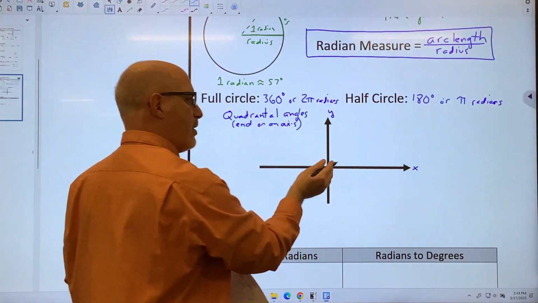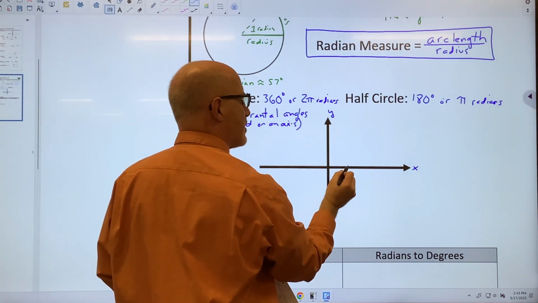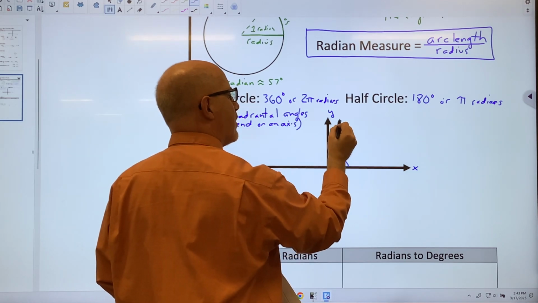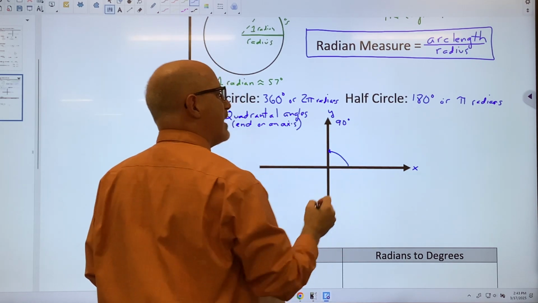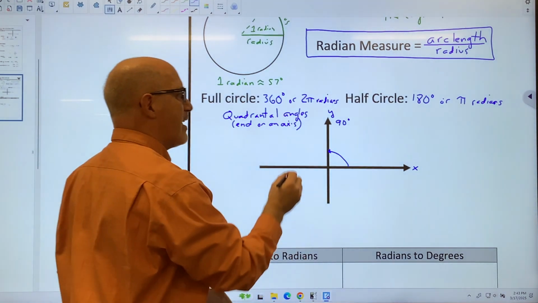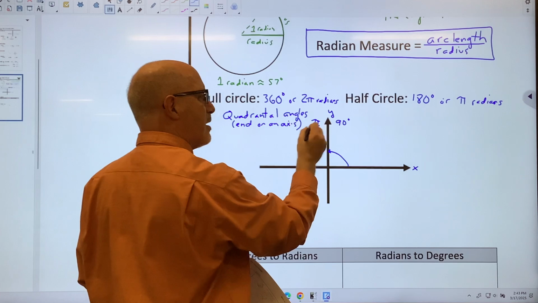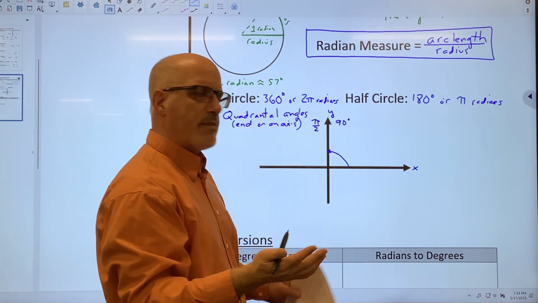So if you start here at 0 degrees, the initial side, and you go here, that's a 90-degree angle if we do it in degrees. If we do it in radians, that's going to be pi over 2. So I'll list it on both sides just so you know what those measures are.